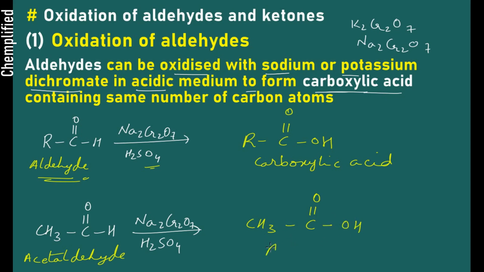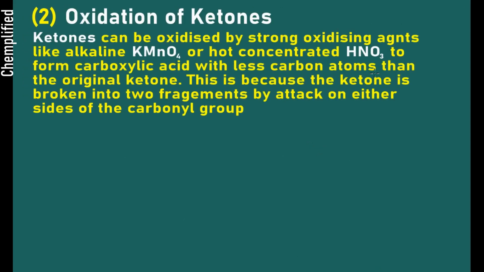This is your acetic acid. That's how you convert aldehyde to carboxylic acid, or you oxidize aldehyde to carboxylic acid, right? Now let's move to the next. This was oxidation of aldehyde.